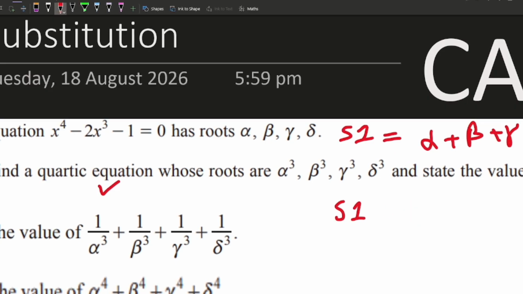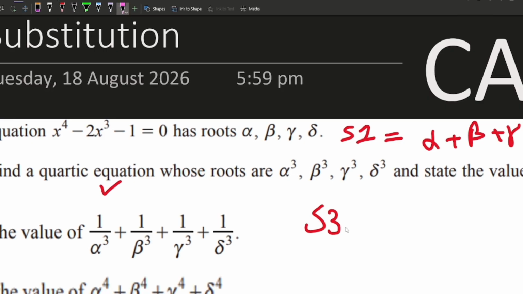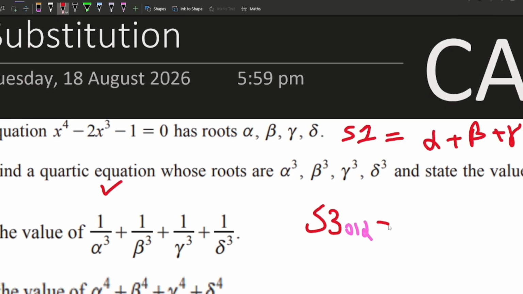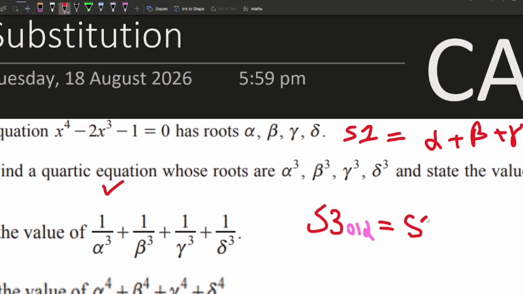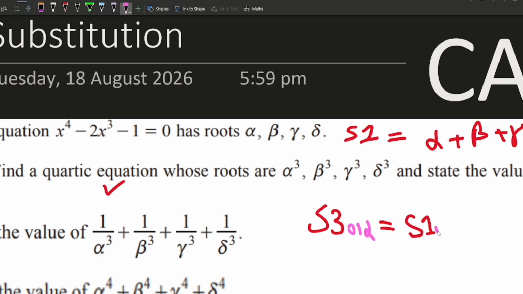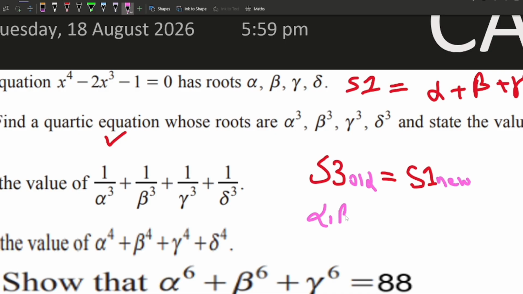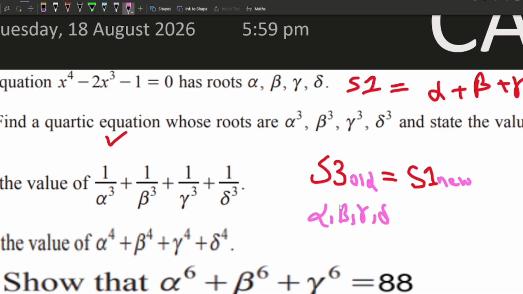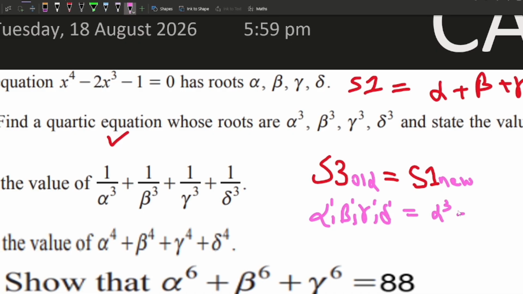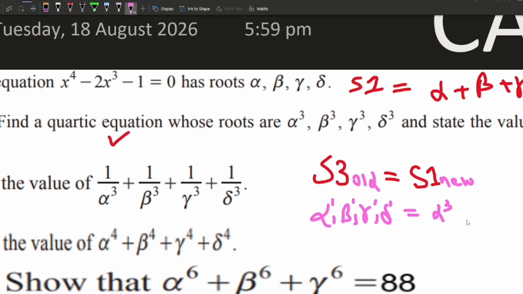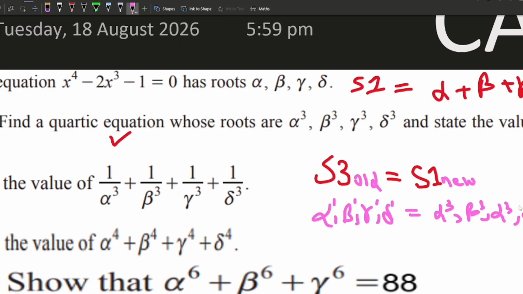So in short, S3 of the old equation is equal to S1 of the new equation. Why? Because in our older equation we had roots alpha, beta, gamma, delta, all with a power of 1, and in our new equation we have roots alpha cube, beta cube, gamma cube, and delta cube, all with a power of cube.